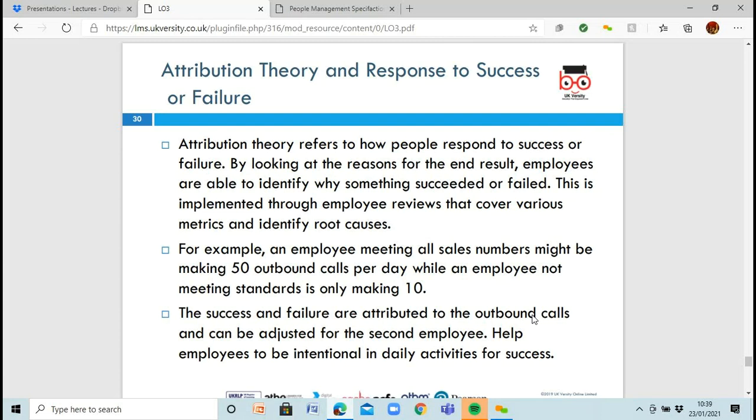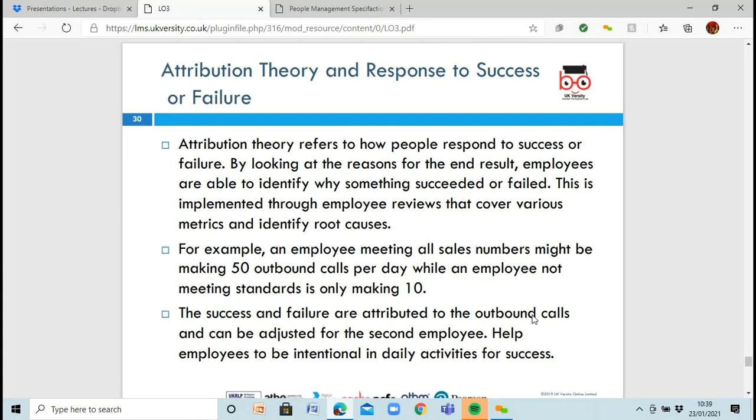So this is implemented through employee reviews, and it actually covers a few metrics and it identifies root causes. So an example of this is when one employee is meeting their sales numbers, and they're making 50 outbound calls per day. But then there's another employee who is not meeting all their standards, but they're only making 10 outbound calls a day.